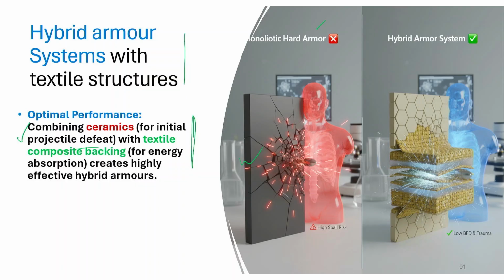First, outside there will be ceramic material or metal, which will absorb the initial impact, and the back face signature we discussed earlier, which is basically a problem in case of hard armor like ceramic or metal, that energy will be absorbed by the composite backing. So, here we can get better protection with lower back face deformation.